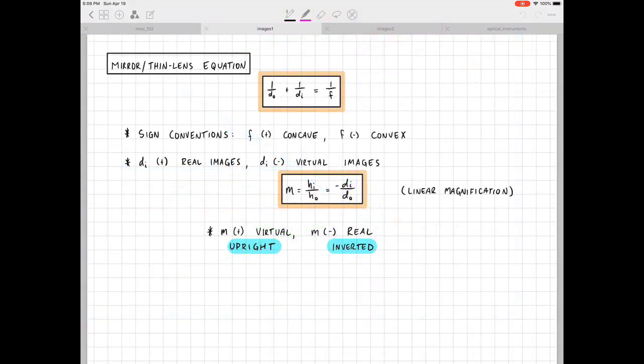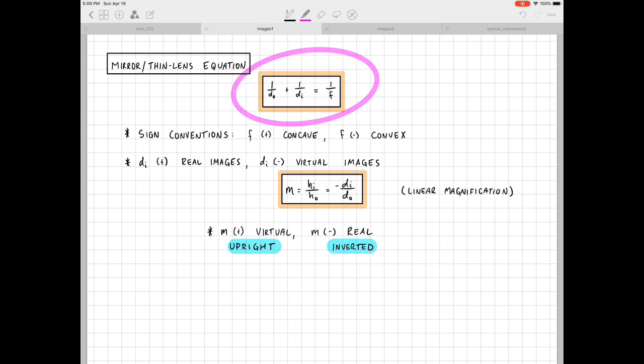And so the last thing that we want to mention for image formation with mirrors is that, yeah, ray tracing is nice, and it can be a very simple, quick way to get some idea of where an image will form and what type of image it will be. Will it be virtual? Will it be real? What's the magnification? But oftentimes, what we want is something more quantitative, and that is where the mirror or thin lens equation comes in.